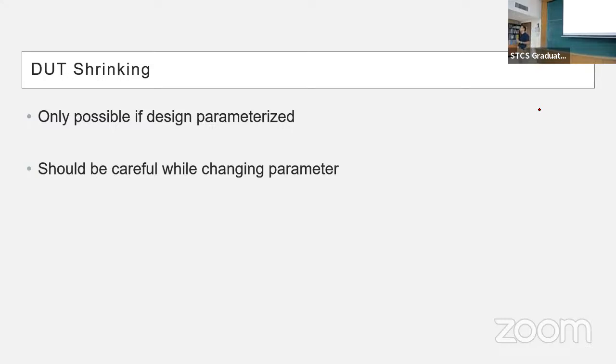So typically, how much code coverage would you be satisfied with? It depends on many things, like the nature of the design. What kind of design are we using? How old is the design? If it is a legacy design, a 10-year-old design, then people get relaxed a little bit.